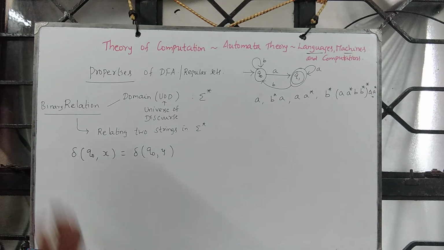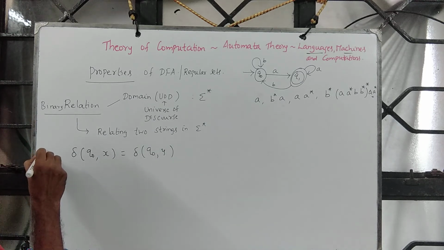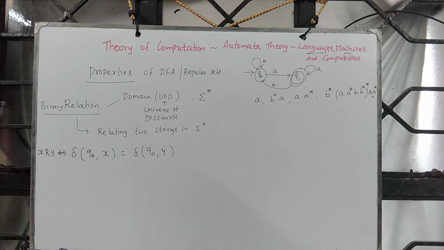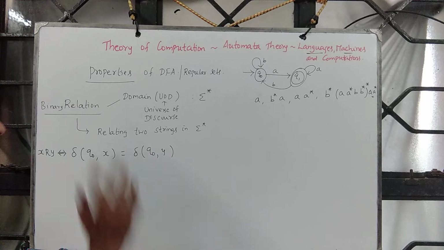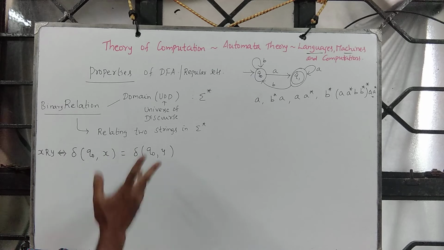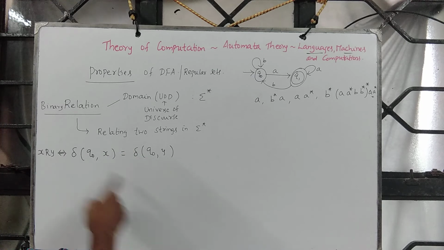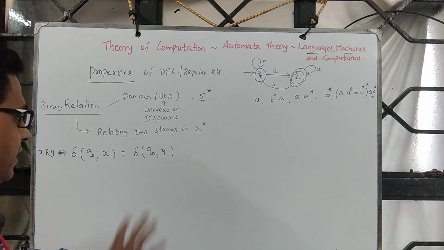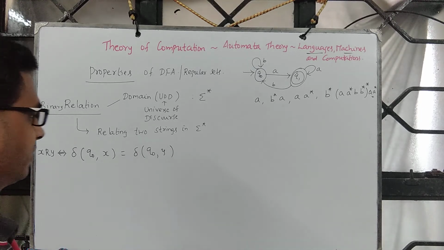So x is related to y if and only if delta of q0 comma x equals delta of q0 comma y. So there may be many pairs x comma y and all of them will be related here, and y can be the same as x. Y is a string, x is a string.